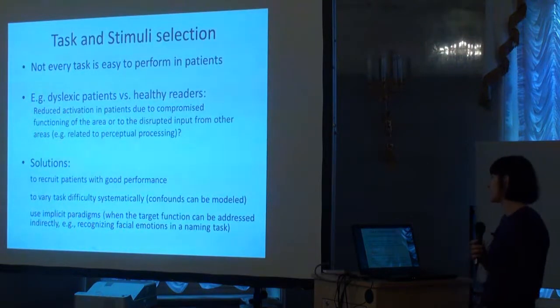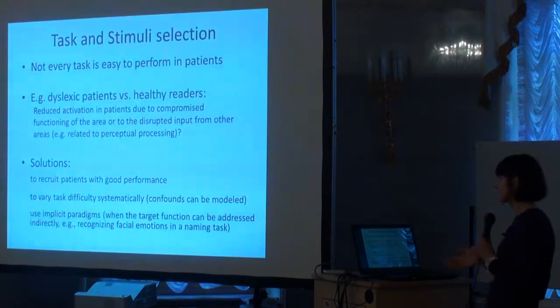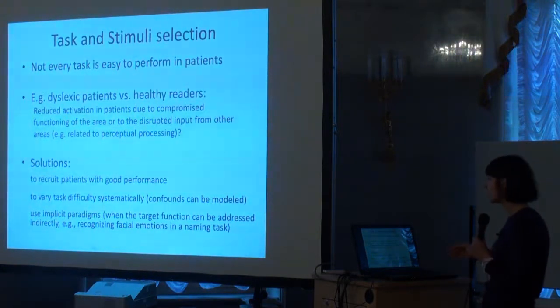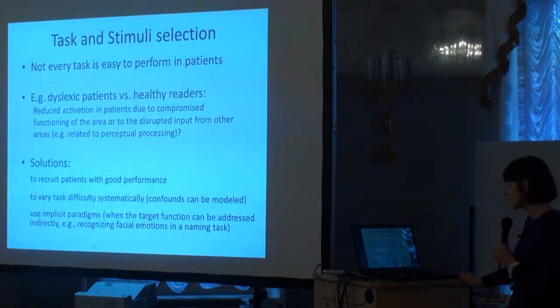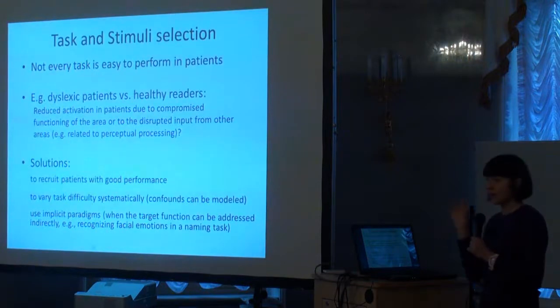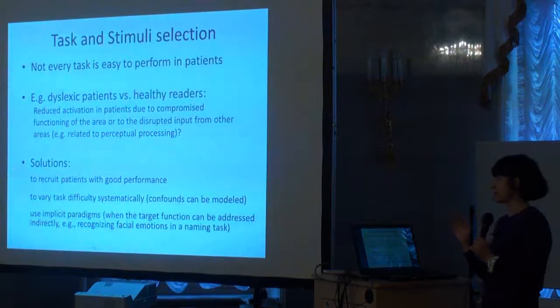Let me give you an example. If we study reading process in, say, dyslexic patients with acquired dyslexia and healthy readers, then we might get a reduced activation in patients in some region, where there was very large and extensive activation in healthy participants.